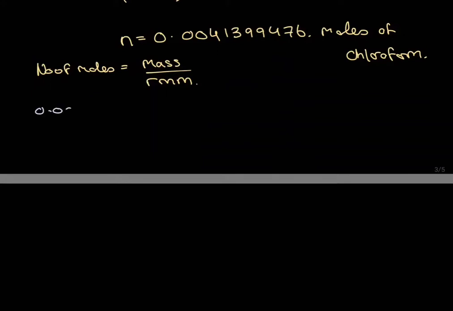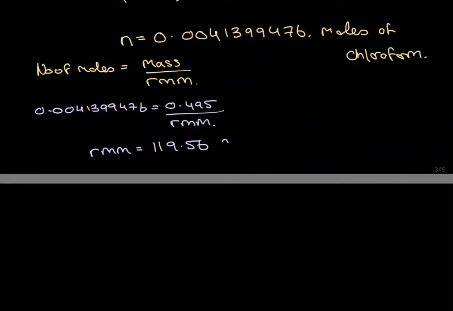I have this amount of moles. The mass is 0.495. And the relative molecular mass, I don't know. With a bit of rearranging, you should get the relative molecular mass to be around 119.56. Closest whole number would be 120 grams. And that's that question done.